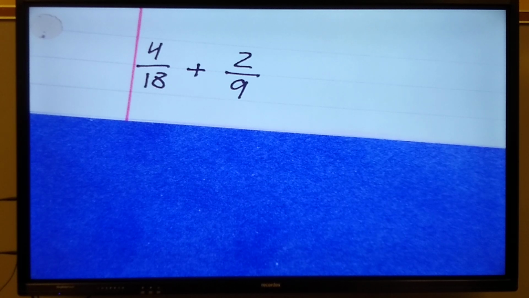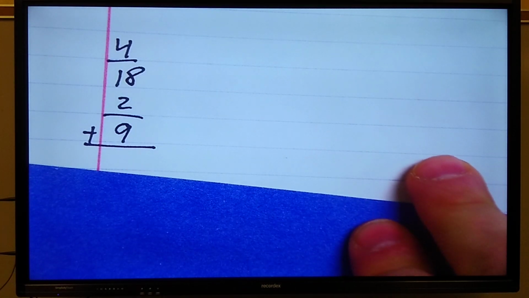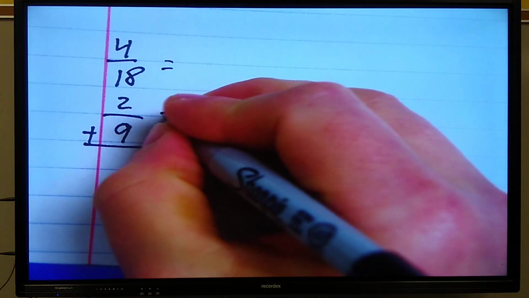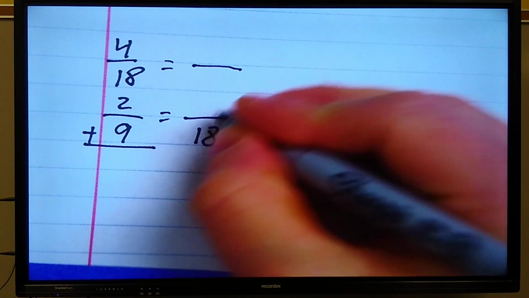All right, let's see how bad you did, or how good you did. Hopefully good. So the first thing you had to do was find the least common denominator. It should have been easy. 18.